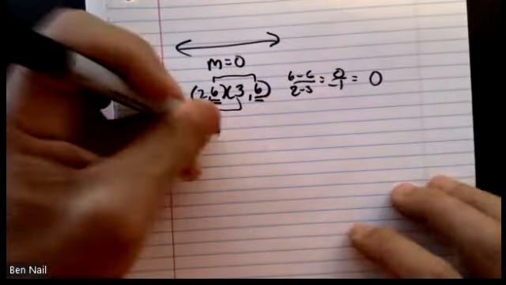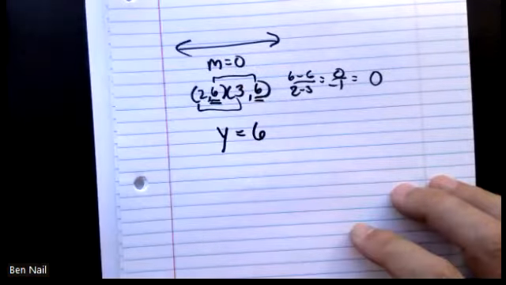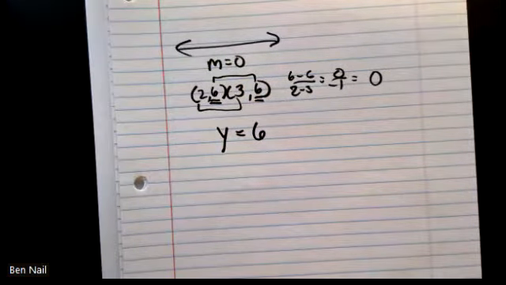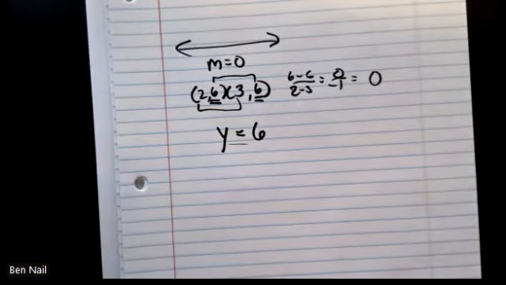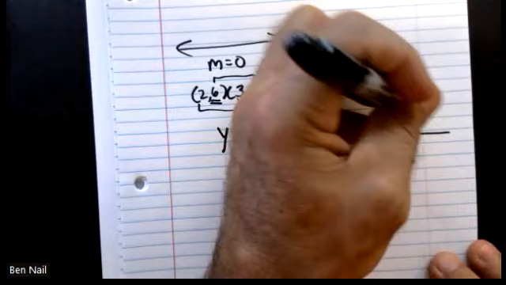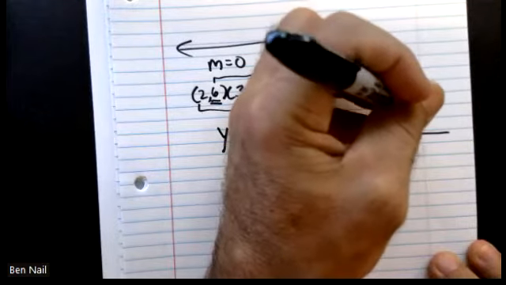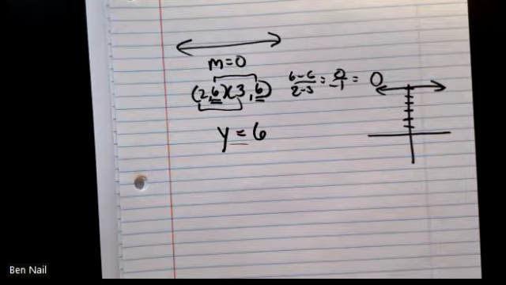If they give you an equation, it will be a y equals equation. This is also a horizontal line, slope of 0. If I gave you the line y equals 6, that would give you a horizontal line at 1, 2, 3, 4, 5, 6, wherever your y says.